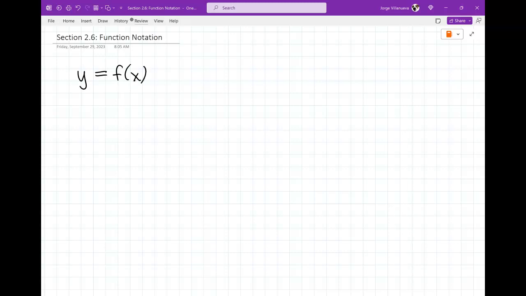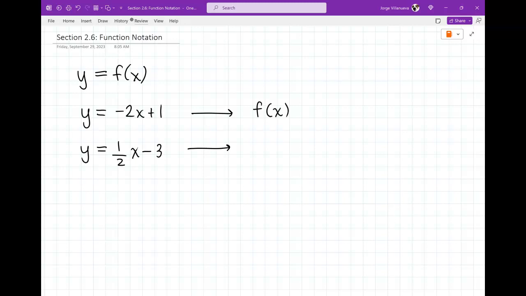Okay? Do you guys remember seeing that stuff? F of x. Okay, function notation. So f is a function f. So before you maybe saw things like y equal to negative 2x plus 1, or y equal to 1/2 x minus 3. All we're going to do is basically, instead of y, we're going to write f of x.